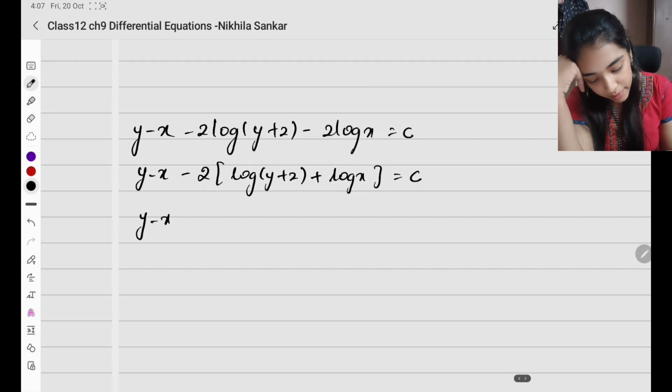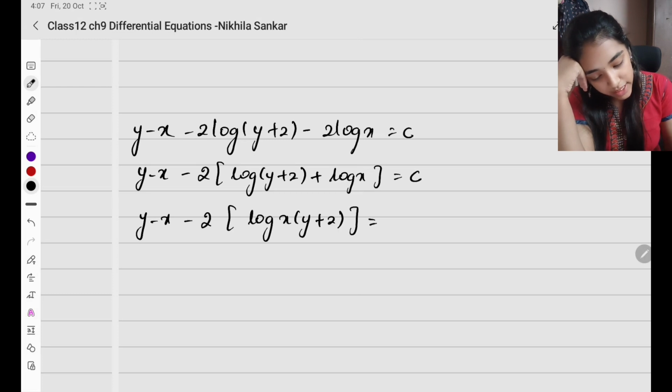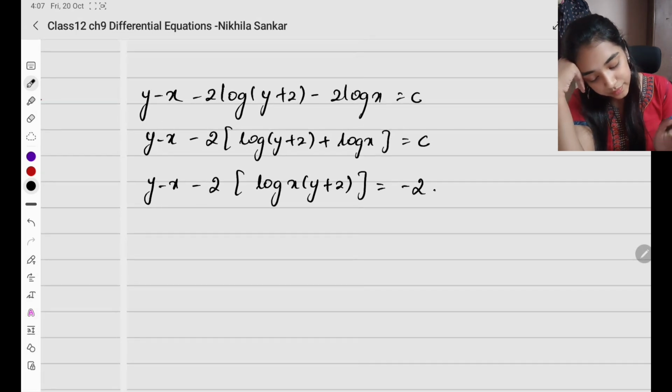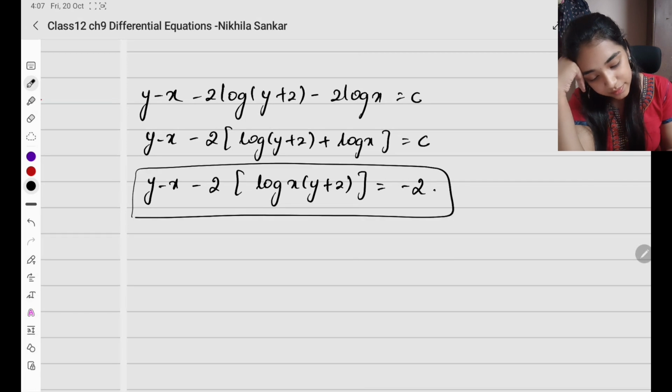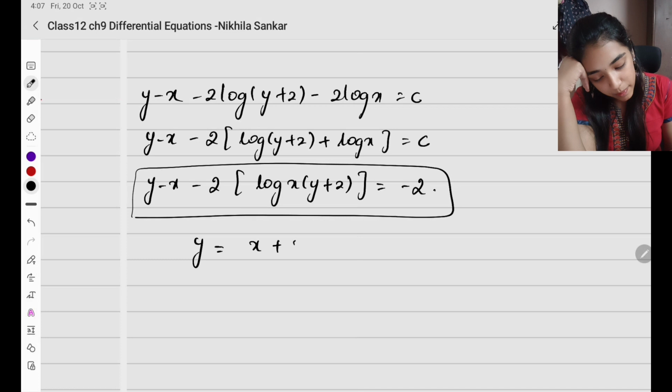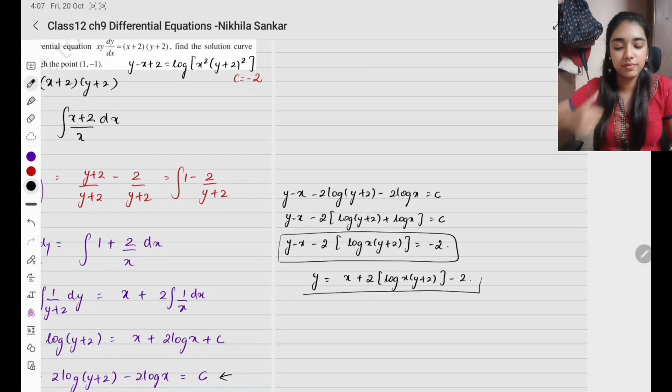So I have y minus x minus 2 times log of x times y plus 2 equals minus 2. So this is my final answer. Or you can also further simplify it as y equals x plus 2 times log of x times y plus 2 minus 2. So this is also your final solution. Please copy.